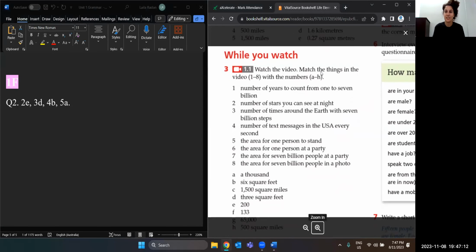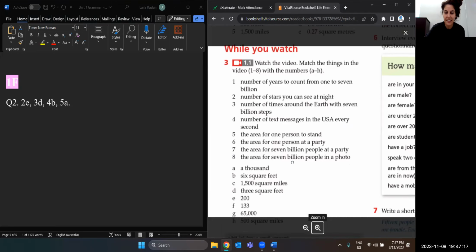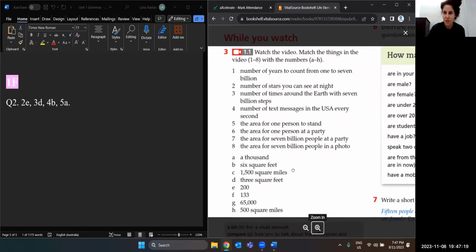Okay, let's watch a video and match 1 to 8 with A to H. So we're looking at the number of years to count from 1 to 7 billion, the number of stars you can see at the night, the number of times around the Earth with 7 billion steps, the number of text messages in the USA every second, the area for one person to stand, the area for one person at a party, the area for 7 billion people at a party, the area for 7 billion people in a photo.